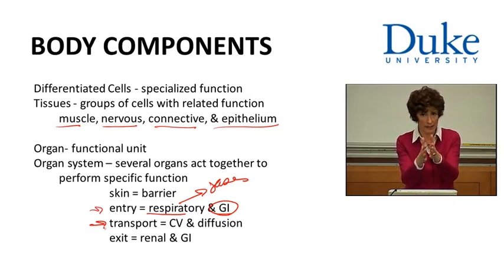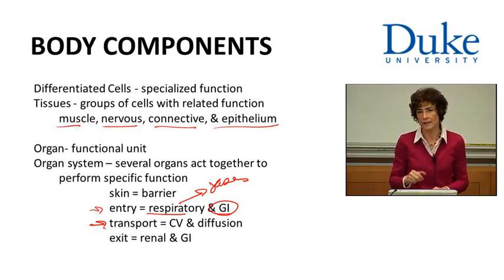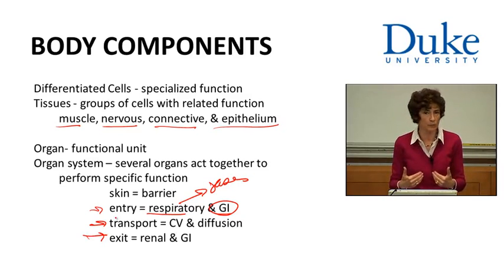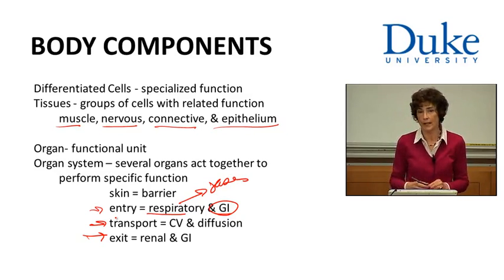And we're going to talk about that in just a few minutes. And that is going to occur by diffusion. So that's going to be a very slow process that's only a local delivery system. And then we have to be able to remove materials from the body, and this is done by the renal system, as I said. So liquid waste, excess ions, and excess water are removed by the urinary system. And, of course, the gastrointestinal tract will remove solid waste products.